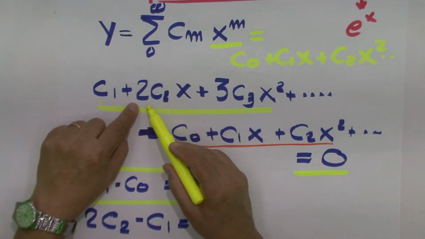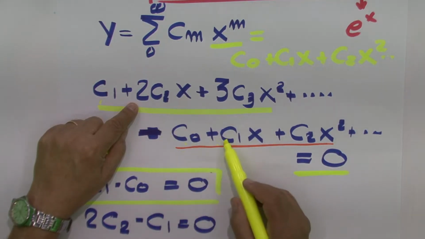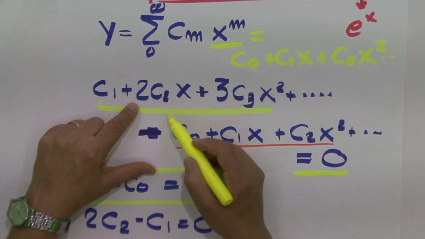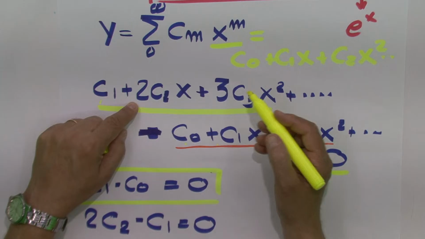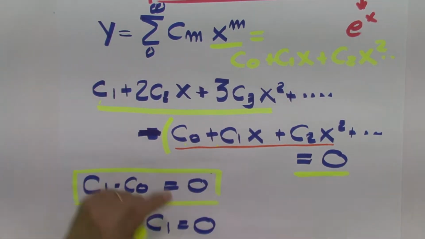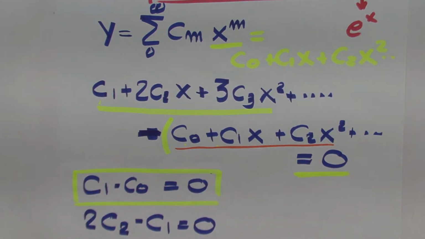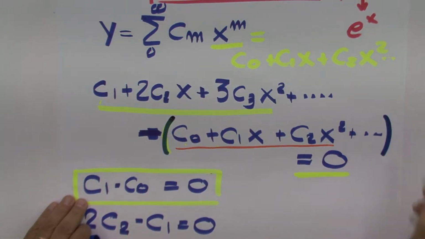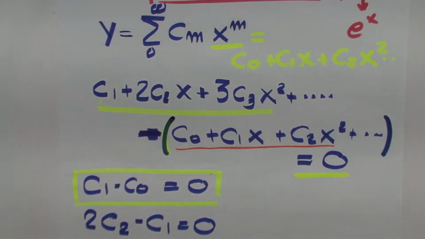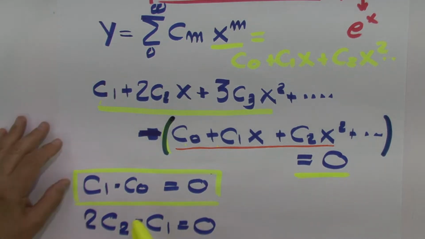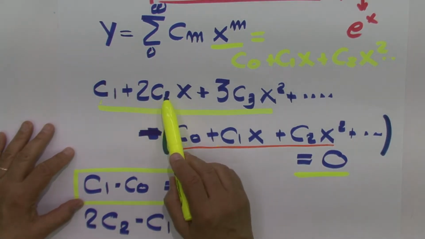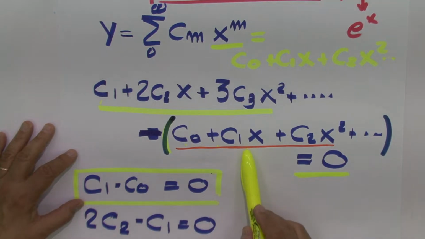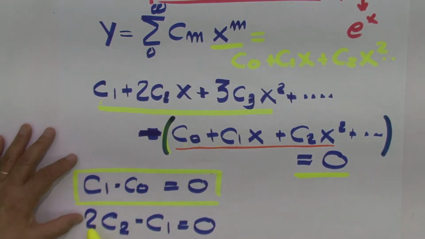In this I have 2c2 and then minus, because the minus is multiplying everything. Don't forget, the minus is multiplying everything here. From this, I'm going to have a c1. So 2c2 minus c1 is equal to 0.